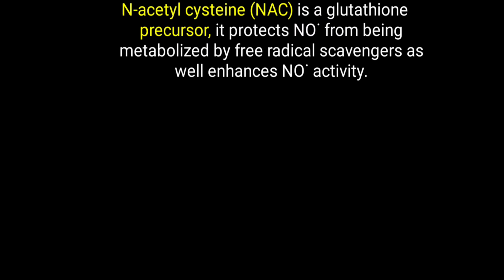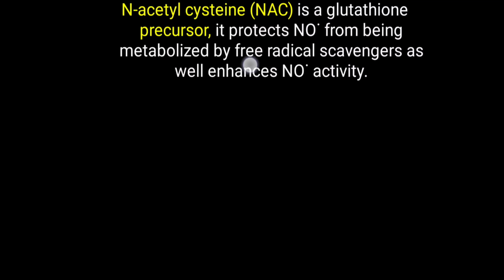Now the most important clinical application of glutathione is nitric oxide formation. N-acetylcysteine is considered a glutathione precursor, one of the precursor molecules for glutathione formation. It protects nitric oxide from being metabolized by free radical scavengers, and enhances the nitric oxide activity.